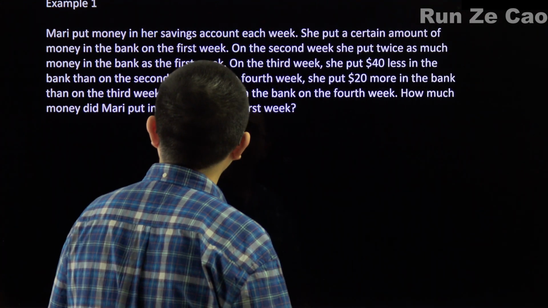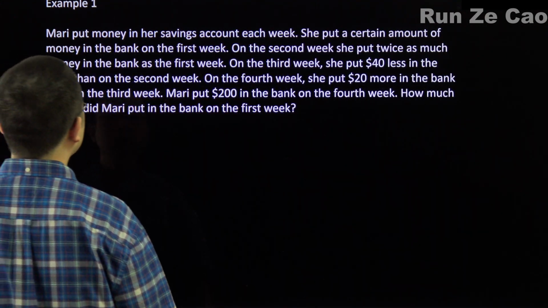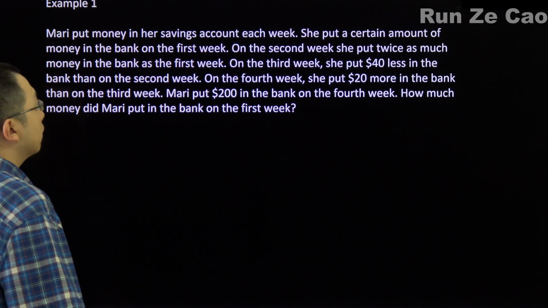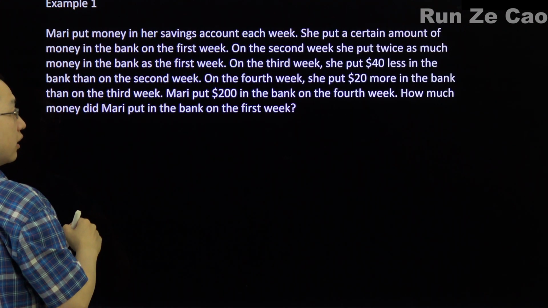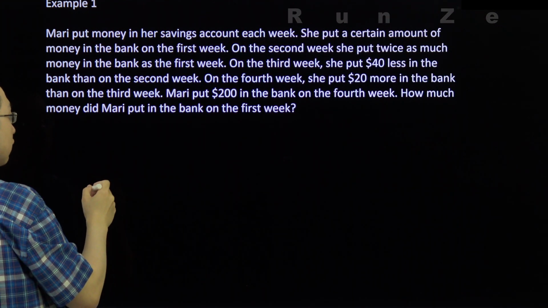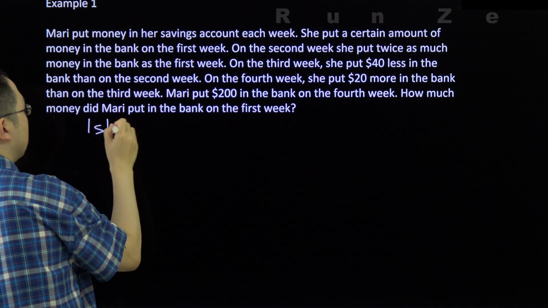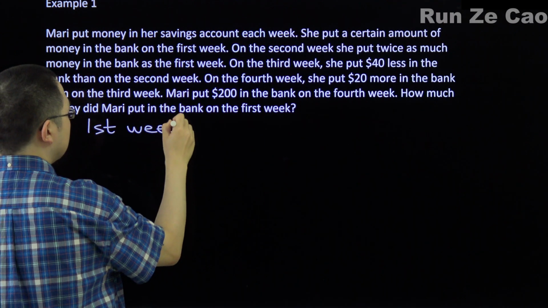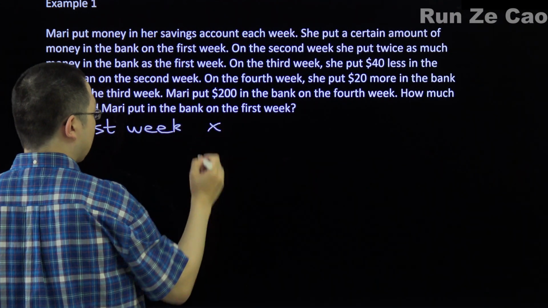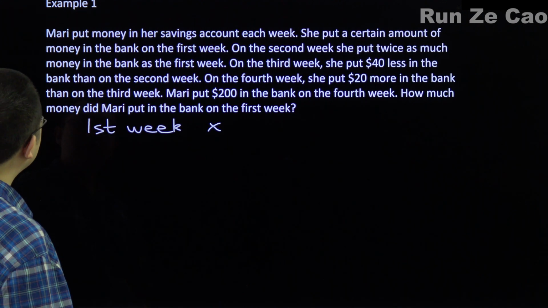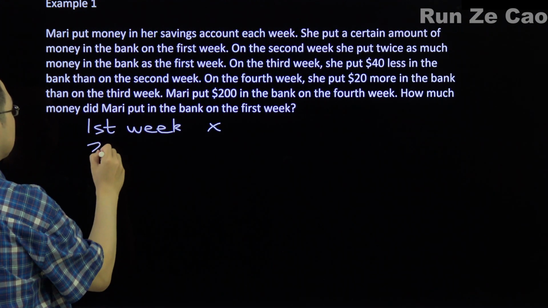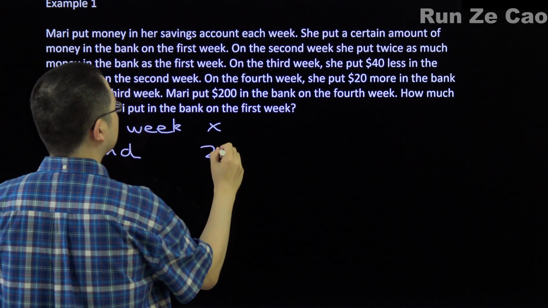Mary put money in her savings account each week. She put a certain amount in the bank on the first week. So how much did she put in on the first week? First week was X, okay? On the second week, she put twice as much money in the bank. Second week is 2X.